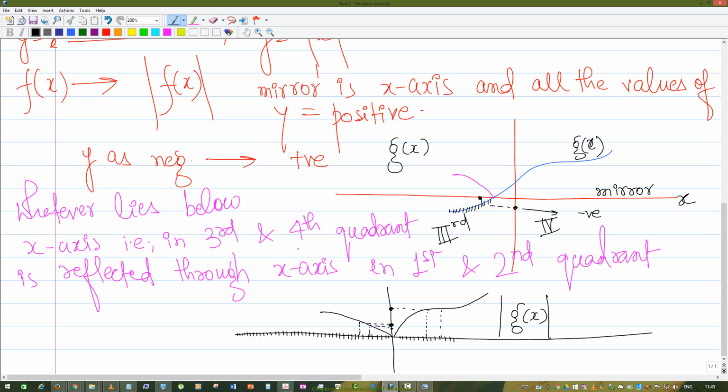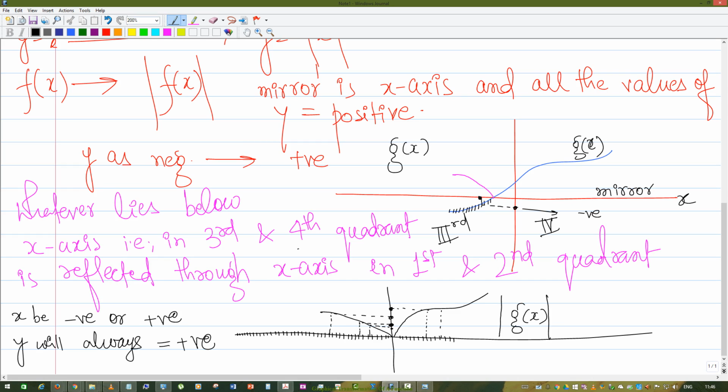Whether x is negative or positive, y will always be positive. So this was the graphical transformation of a function.